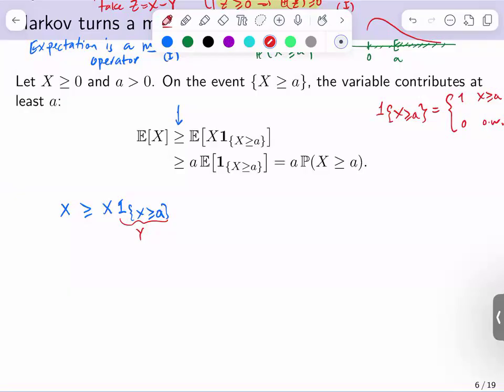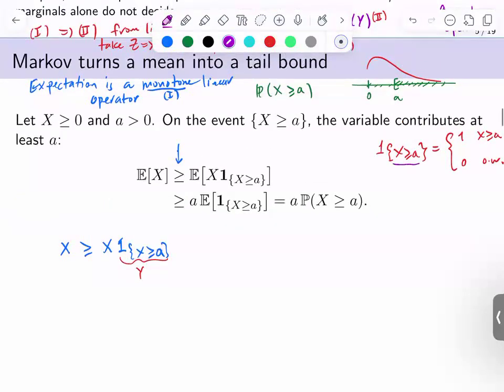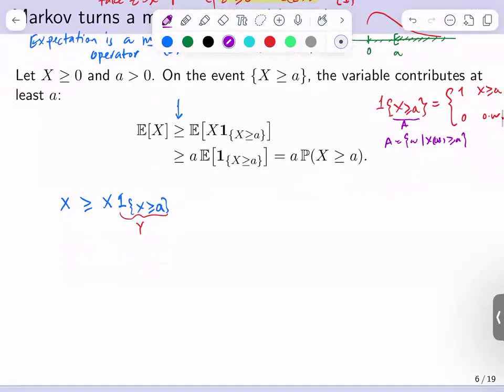Here, if you call this set A, it is really the set of all omega such that x(omega) is bigger than or equal to a, but we don't really worry about the sample space. It is an example of those indicator variables. This inequality always holds.